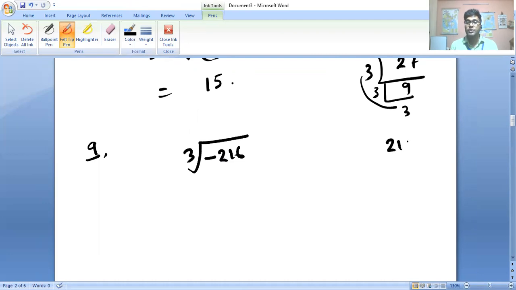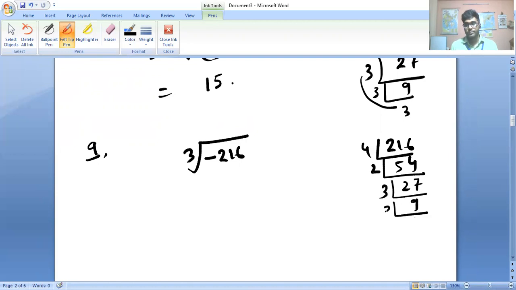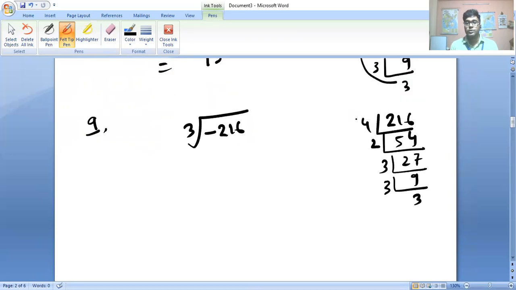So as you factorize 216, see 4 means 2 into 2, right? So we have 4 into 2, 8. See, 4 means 2 into 2, and we have another 2. So this means 2 cube, and here 3 cube.